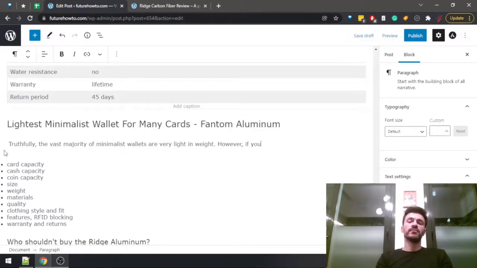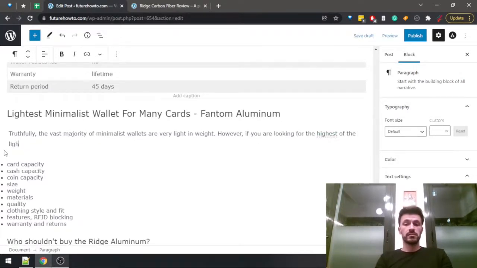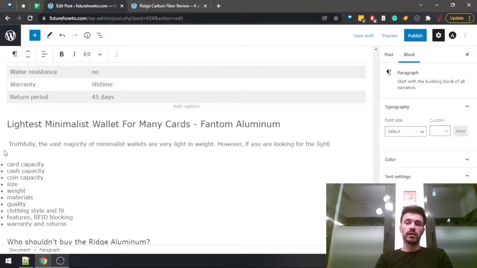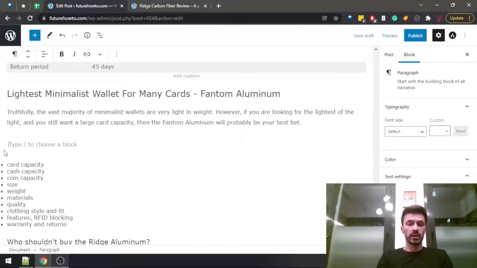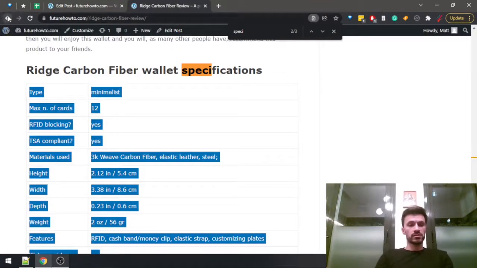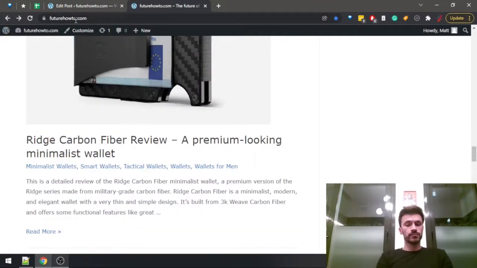However, if you are looking for the lightest of the lightest, and you still want a large card capacity, then the Phantom Aluminum will probably be your best bet. Okay, let's just find the Phantom Aluminum now.